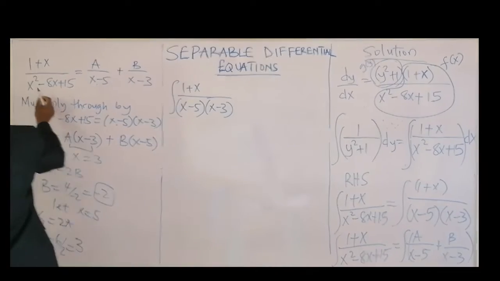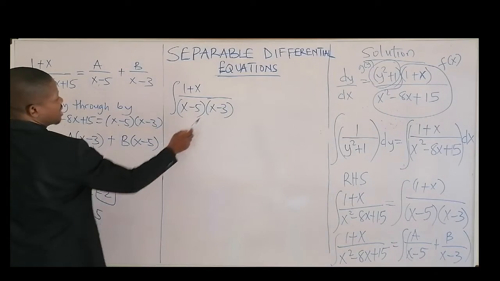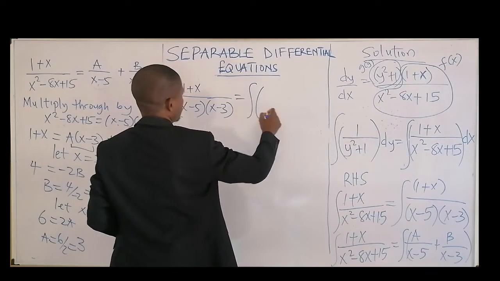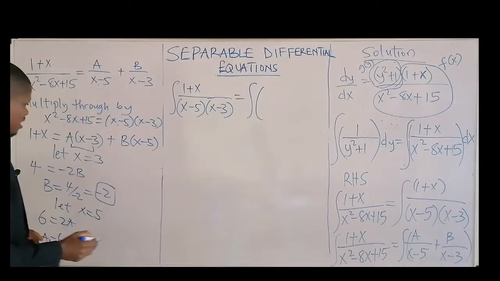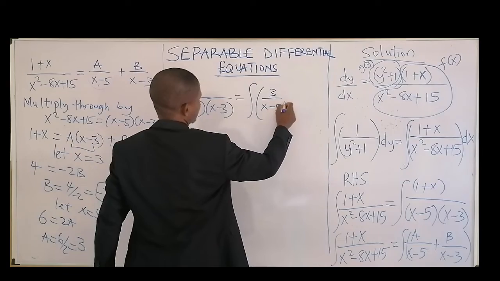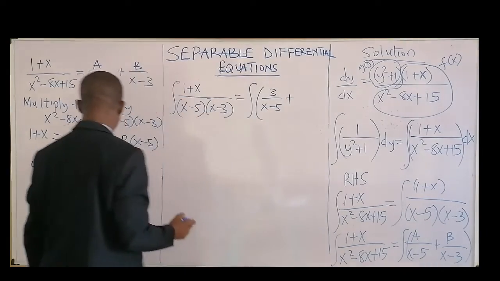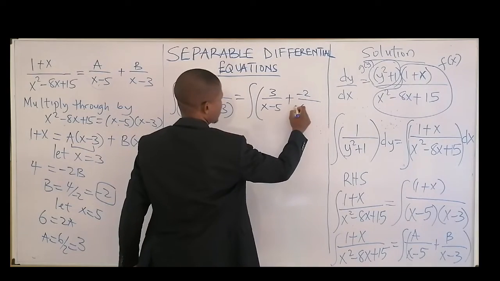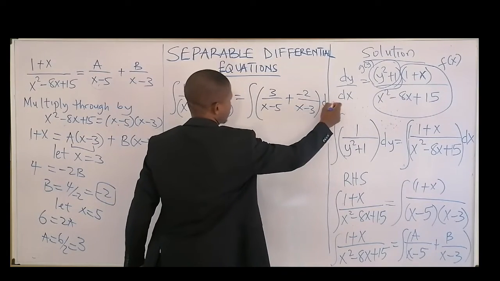Don't forget that this is the same thing as (x minus 5)(x minus 3), and that's equal to the integral of what? Open your bracket. Your a is 3, so that's 3 over (x minus 5), and then plus my b, which is minus 2, so it will be minus 2 over (x minus 3) dx.